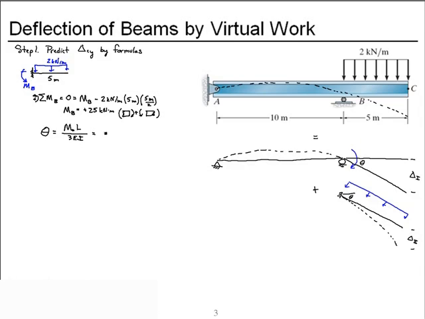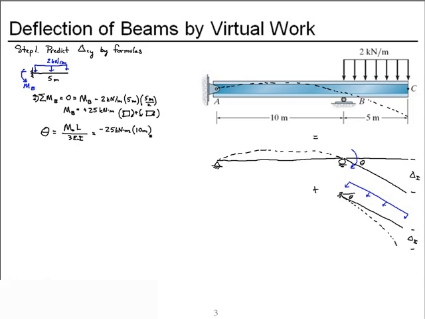And in this case, that's a minus 25 kilonewton meters, because our formula is based on a couple moment going clockwise. In this case, our couple moment acting on member AB is going clockwise. Oh, so the original was drawn going counterclockwise, this one goes clockwise, so it's a negative quantity.